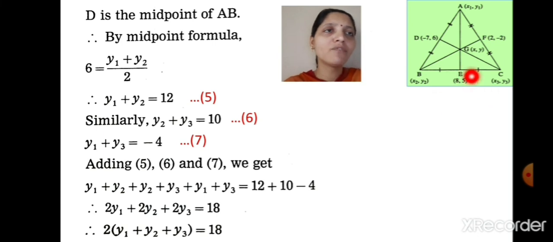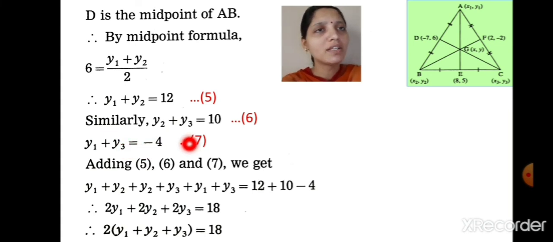So if you consider the y coordinate, you will get the equation y2 plus y3 is equal to 10. Write this equation as equation 6. And F is the midpoint of side AC. So if you consider the y coordinate, you will get the equation y1 plus y3 is equal to minus 4. Write this equation as equation 7.